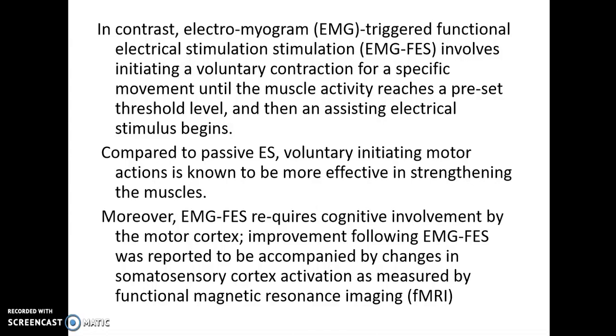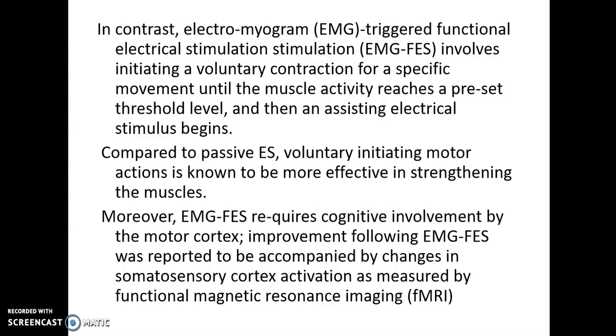Moreover, EMG FES requires cognitive involvement. When we are talking about active participation, here the patient's motor cortex is involved. So that is also very, very important. Improvement following EMG FES was reported to be accompanied by changes in somatosensory cortex activation as measured by functional magnetic resonance imaging.